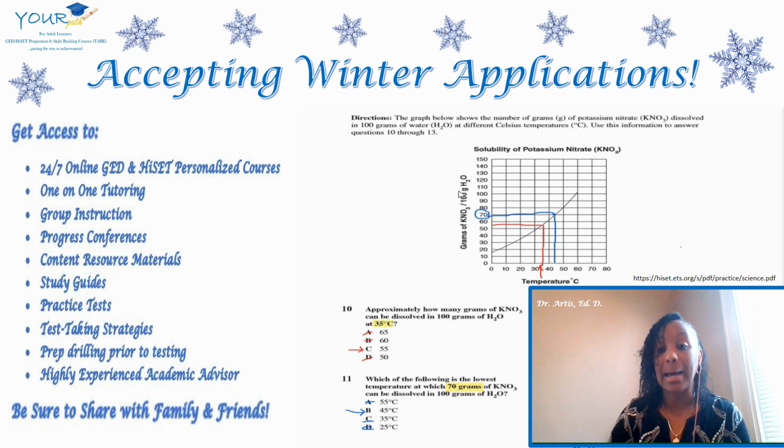So we started with the side caption, identifying 70 grams, and then we went across and down to the temperature. Familiarizing yourself with the graph will actually help you to answer your test items.